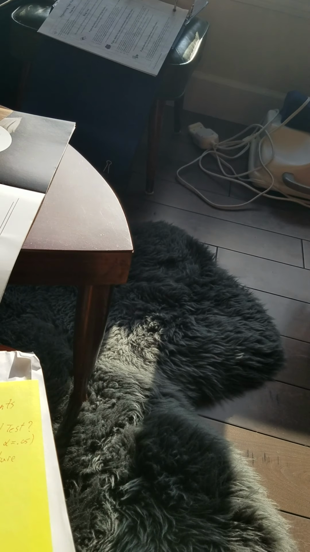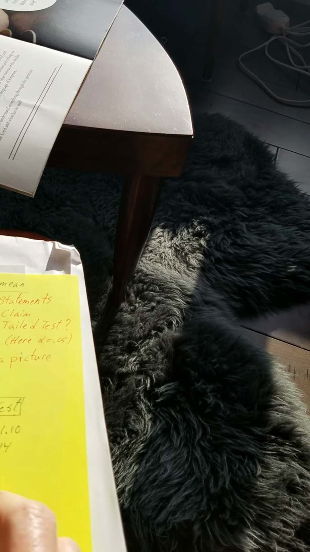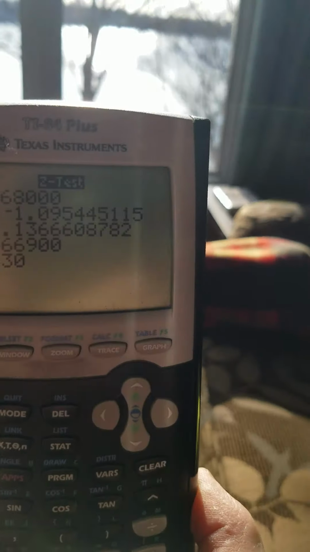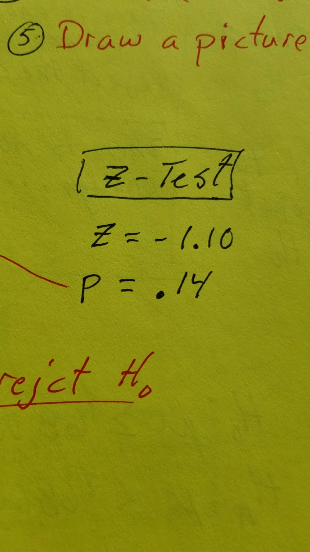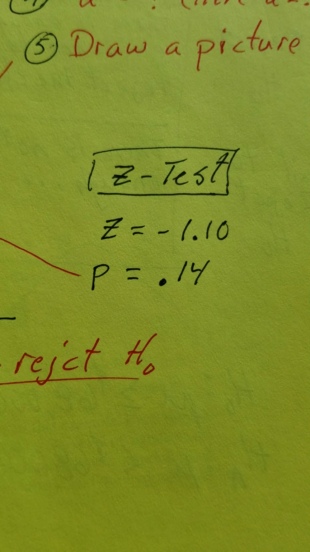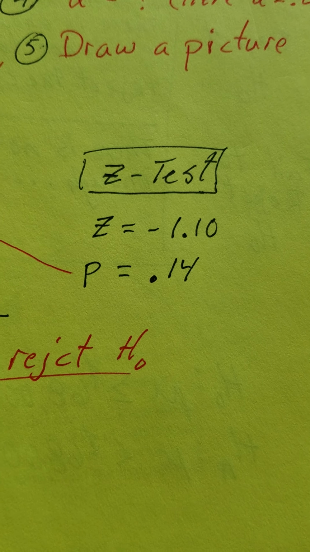And then you run it. That's what your results would look like. So here's what we get. It gives you both Z and P. You can use either of those to determine whether you're going to reject or fail to reject the null hypothesis.